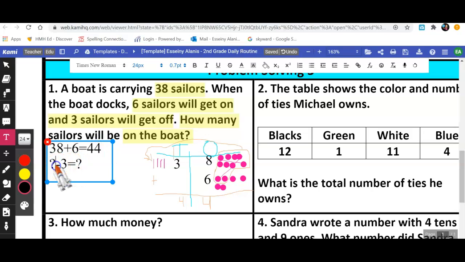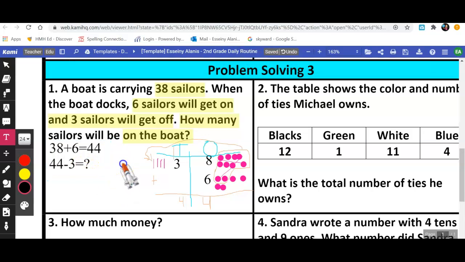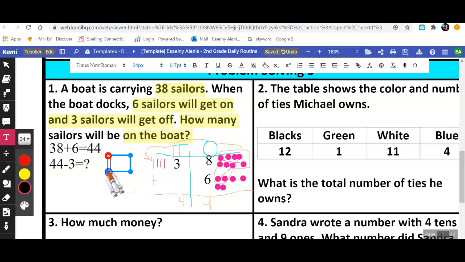And that means that now I have 44 minus 3 equals another question mark. And we're going to do the same thing, but I'm going to try to make it a little bit smaller. So I'm going to make the same chart, but now I'm going to make it with the different numbers. 44 minus 3.